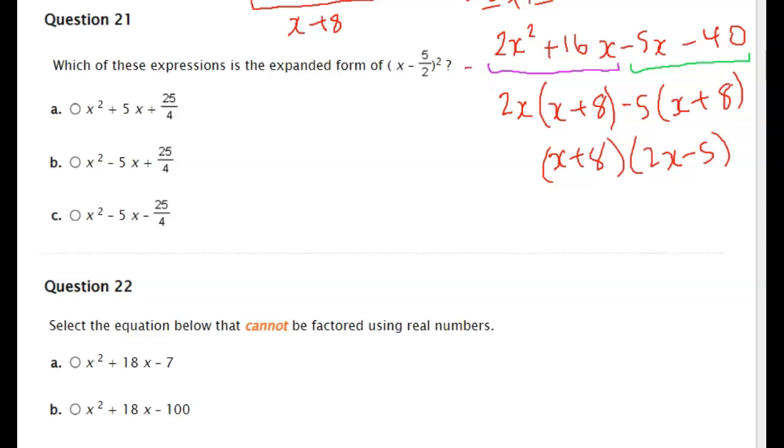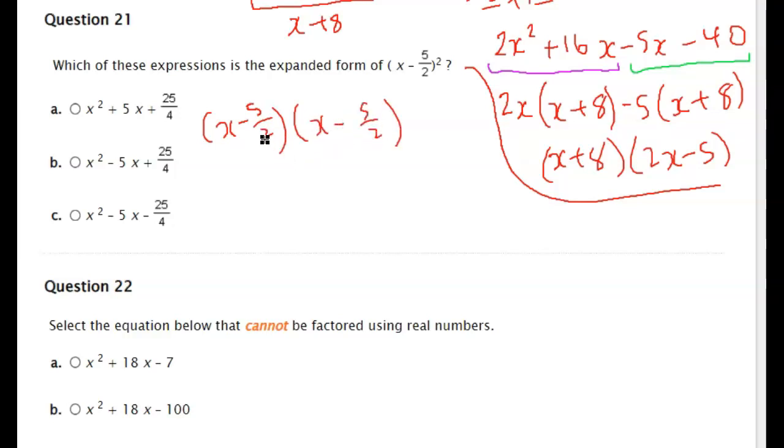So let me just get rid of this. Now, when we're squaring this, we're going to have, well, it's probably easier to expand it so you can see what is actually happening.